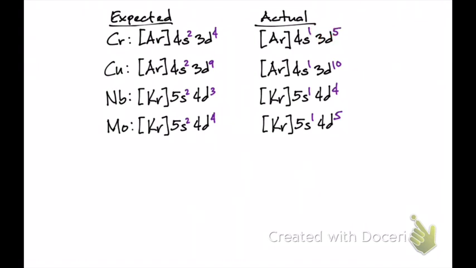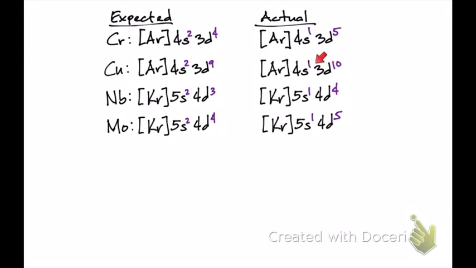Remember that you have basically 5 different d orbitals, and so it's more stable if you distribute the electrons evenly on the 3d sublevel instead of completely filling up the 4s.